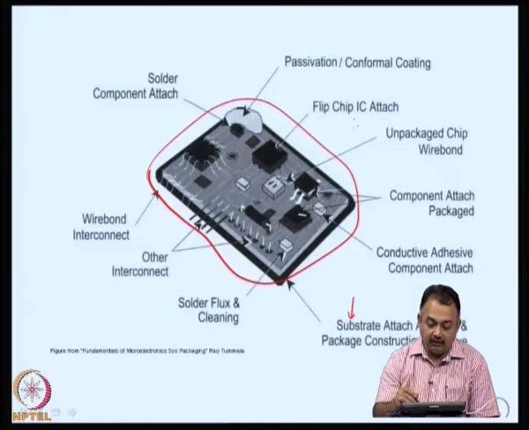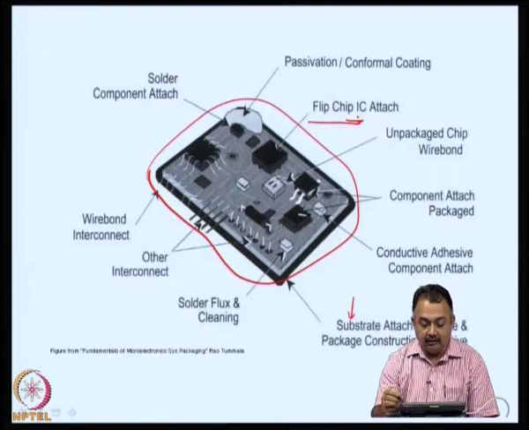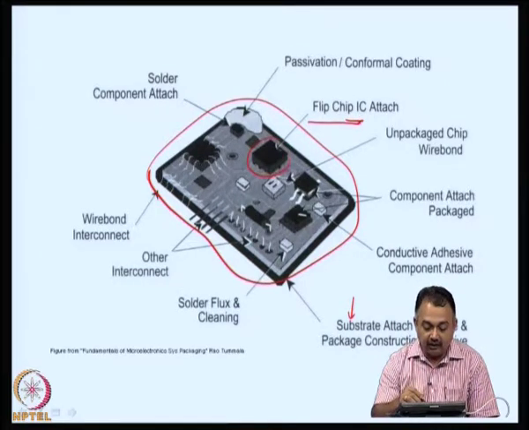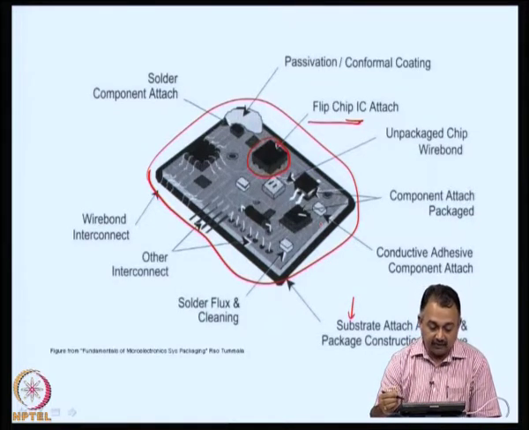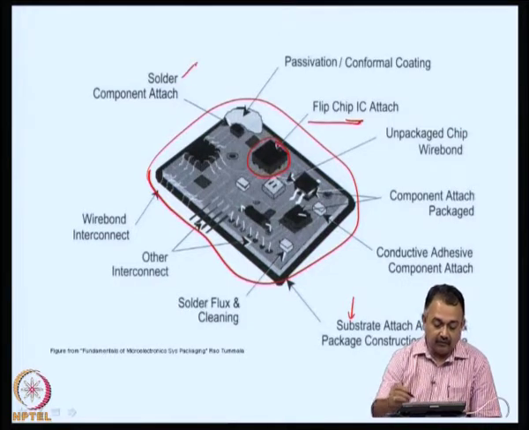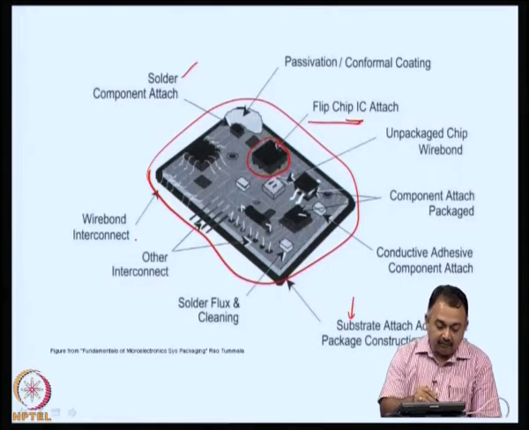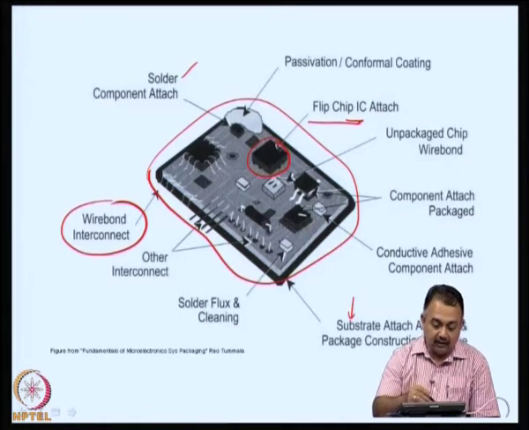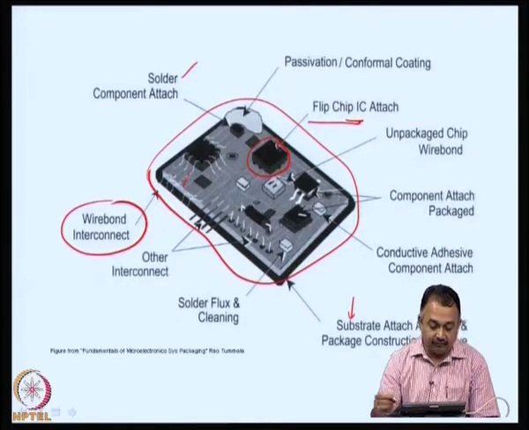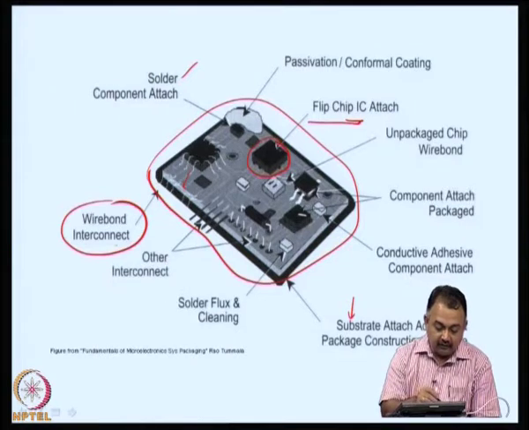For example, if you are using an IC which is of the classification called flip chip, how do you take care of it and how do you protect this IC when you mount it on a substrate that is going to be used for an automobile application? What kind of solder material will you use? What is the interconnect mechanism that you will use within the IC or for connecting the device to the substrate? Is it a wire bond or some other connection choice?